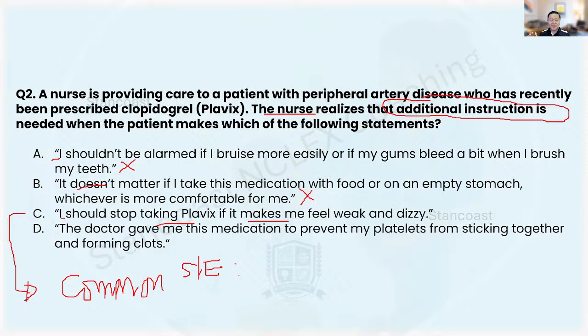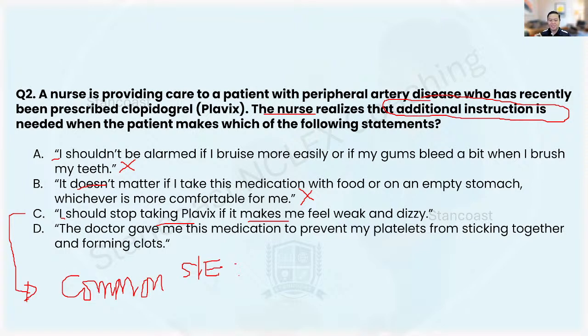Because it is very important for them to continue taking that medication to prevent the blood clot formation, okay? So do not advise them to stop taking the medication right away. They need to talk to the medical provider first before they stop taking the drug, all right? That would be your education, guys, right?